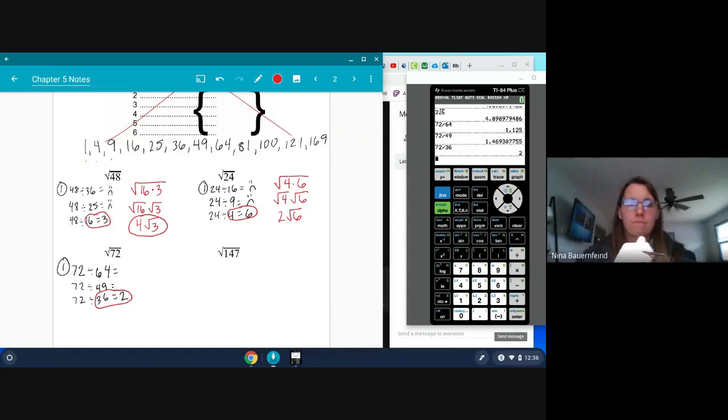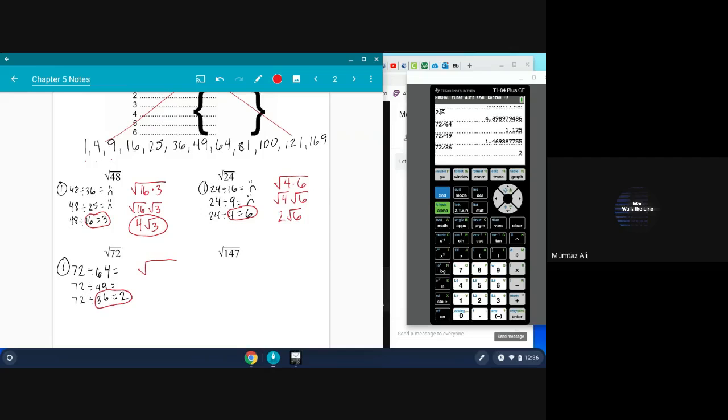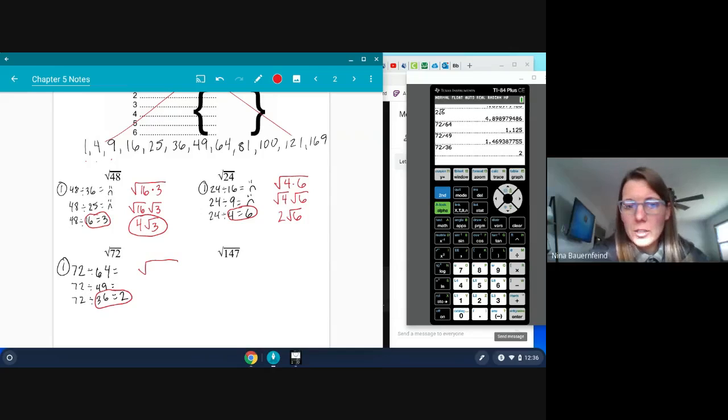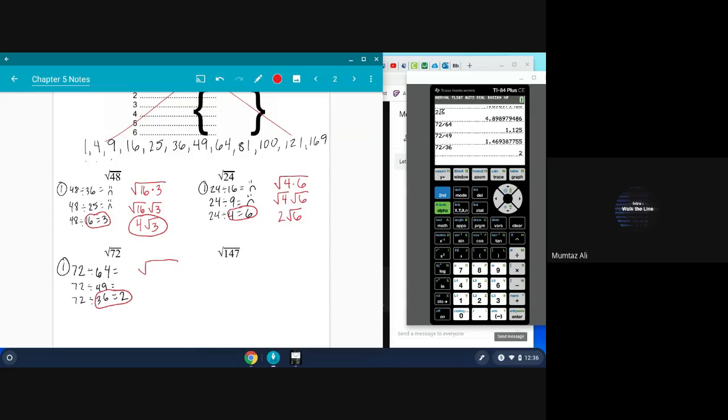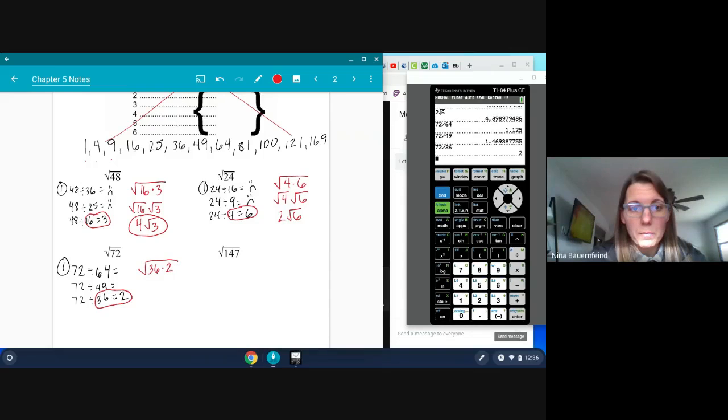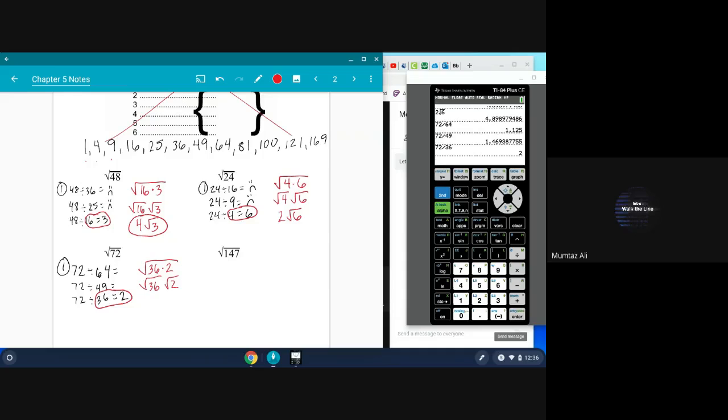Square root. Mm-hmm. You were right. Go ahead. Square root what? Square root 36, and then times 2. Got it. Perfect. Then let's split them up. Root 36, root 2. And what is the square root of 36, you guys? 6.